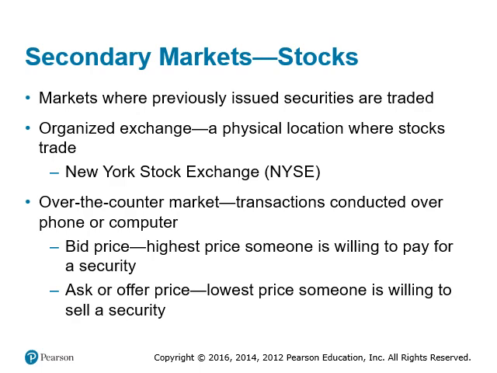There could be the bid price, which is the highest price someone is willing to pay for the security. So when they bid the price, the highest bidder will get the security. Then we also have the ask or offer price. This is the lowest price that somebody is willing to sell a security for.